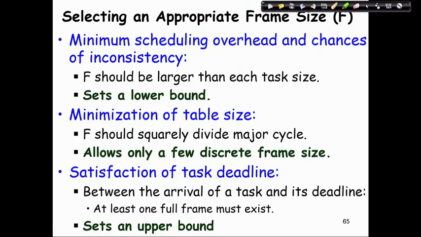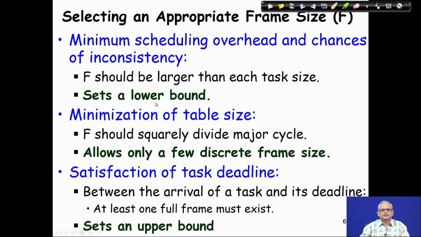It should not spill over to the subsequent frames, and that is the reason a frame size should be larger than the largest task execution time. So, based on this consideration, we get a lower bound for the frame. If the frame becomes lower than the largest task size, then that is not a good schedule. It will have problems, as we will see.